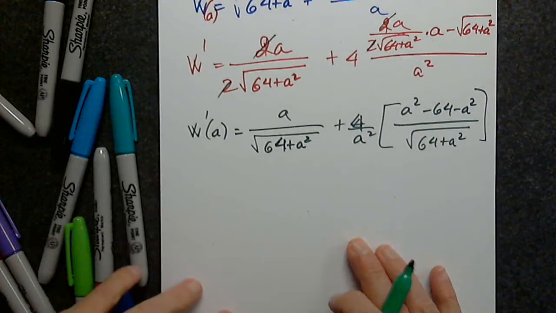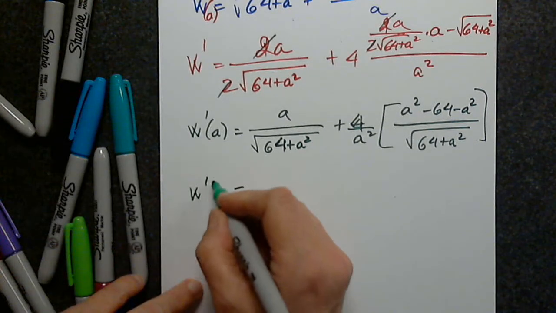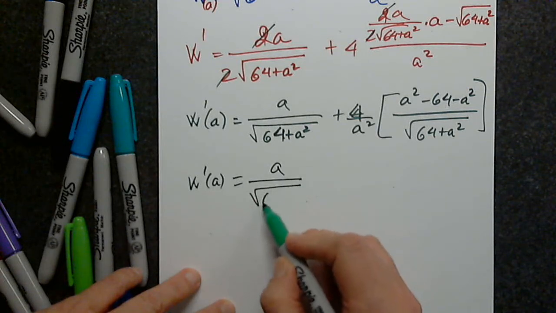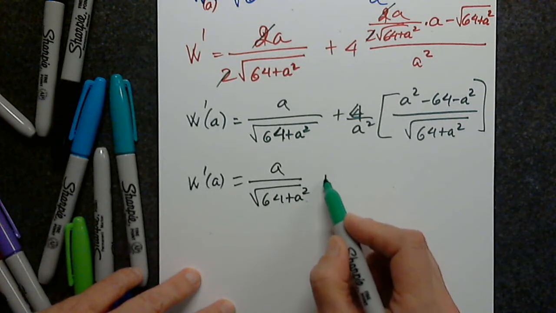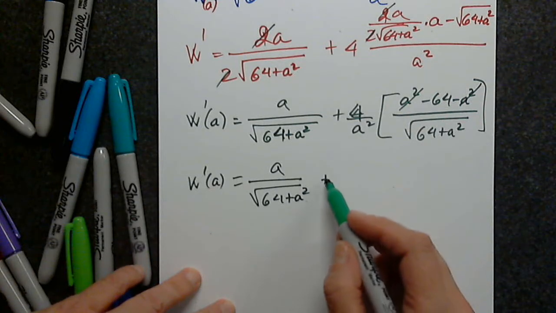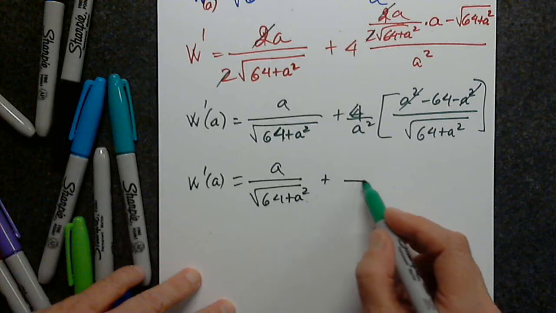Okay, so we continue with w prime. These two go away, so this becomes minus.